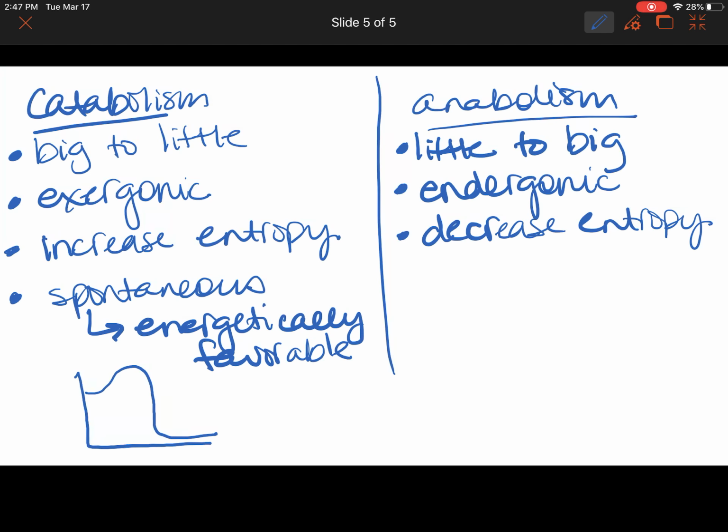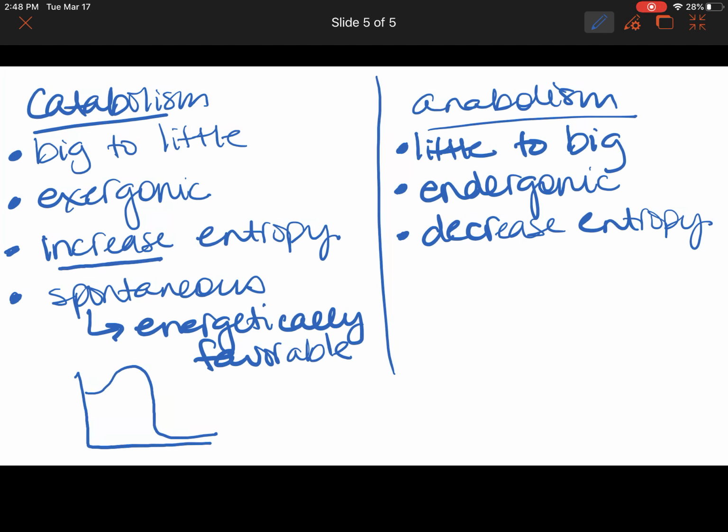So if you think about having thousands of individual amino acids and linking them together to build a protein, the protein form is a much lower entropy because the amino acids all have to be in a certain order, a certain arrangement. The peptide bonds are only between certain atoms. That's much less disorder, so that is decreasing entropy.